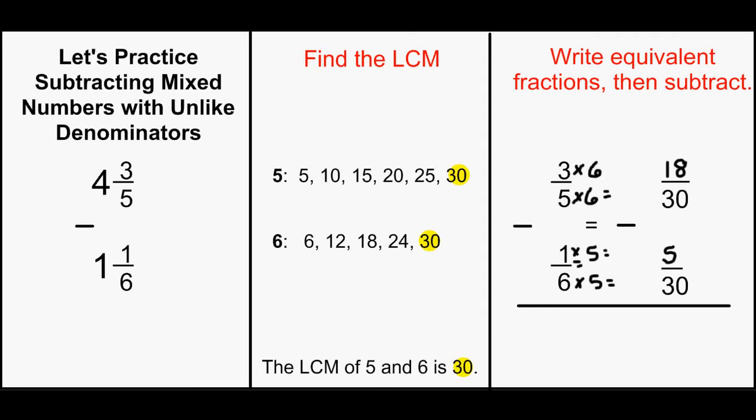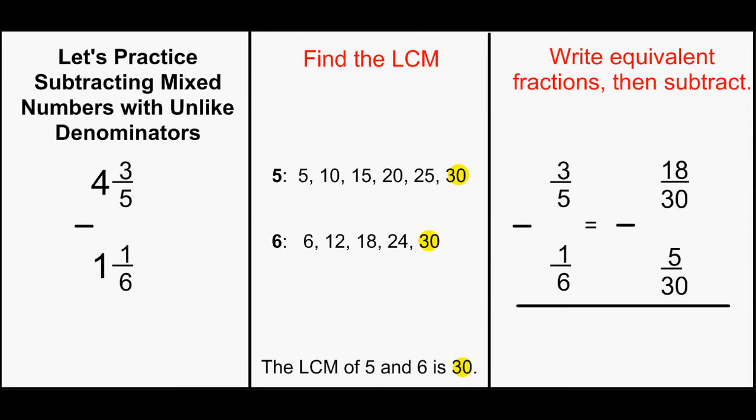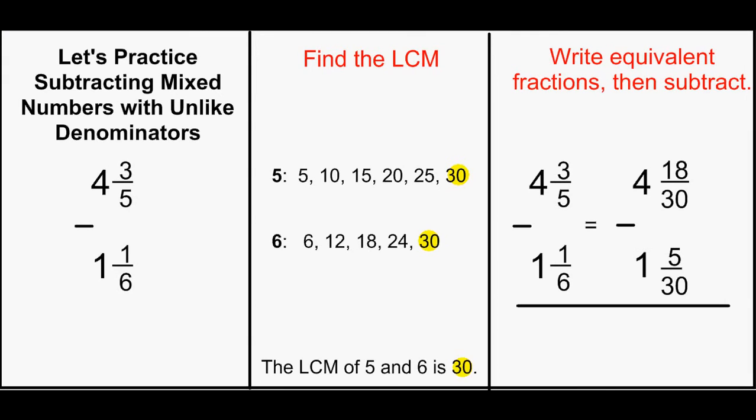So now we have written our equivalent fractions. Now that we've written our fractions as equivalent fractions with common denominators, don't forget there's a whole number part to our numbers, our whole mixed numbers. So we should write 4 and 18/30 minus 1 and 5/30.